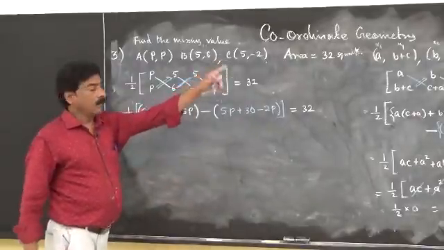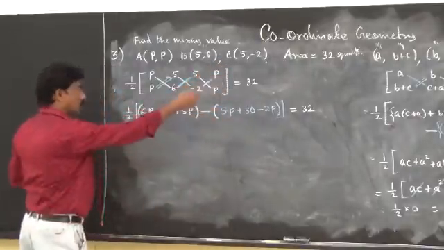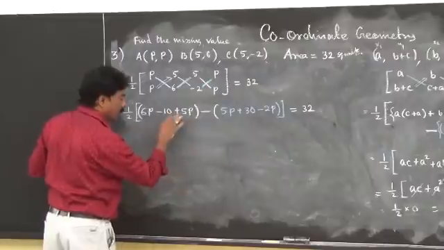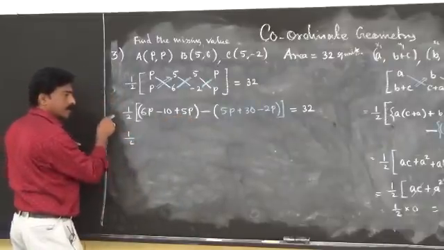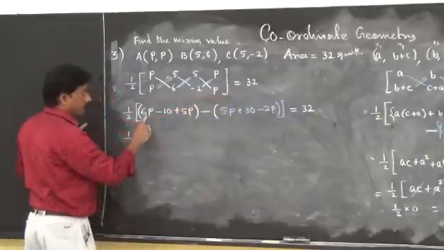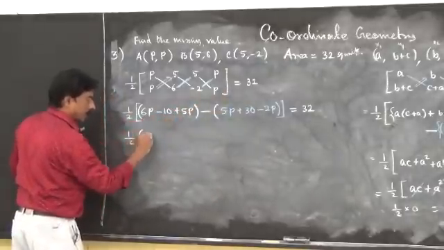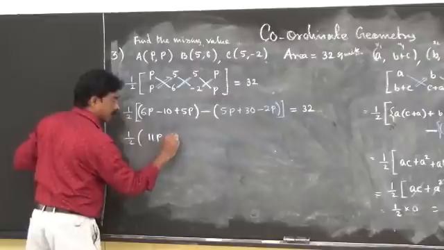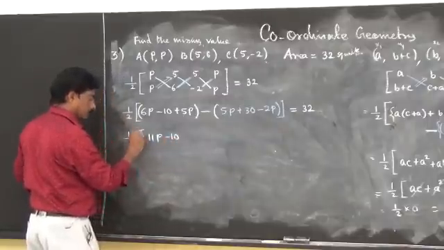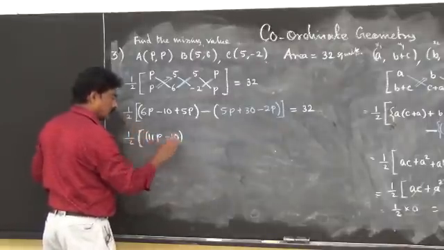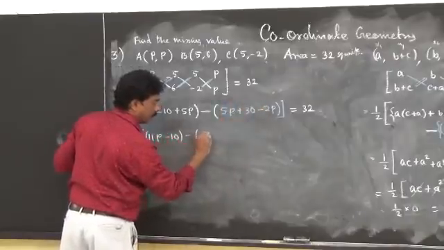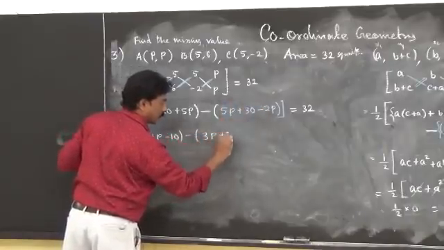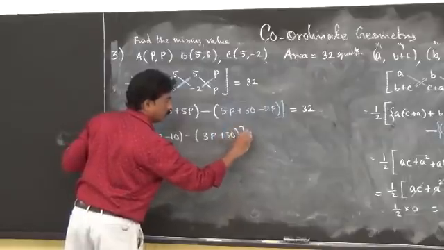The first problem, we found the area. Here, area is given, you have to find the value for P. So 1 by 2, that is why I didn't put any equal sign there. Equal sign is here. 6P plus 5P is 11P minus 10. Minus, here 5P and 2P, if you add, 3P, plus 30 is equal to 32.